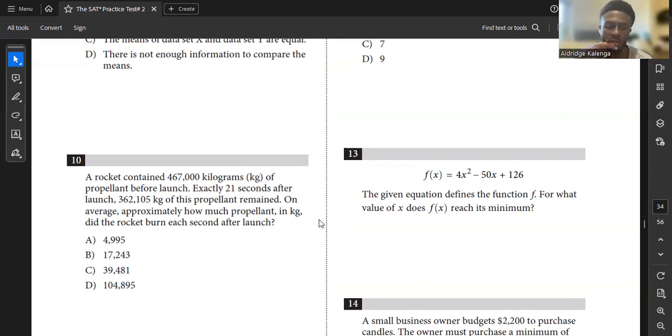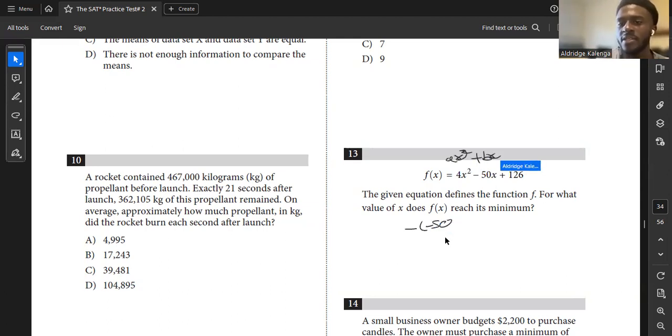So you're going to do actually the f of the y value, right? In this case, what I did was negative b over 2a, which is negative negative 50, because this is going to be ax squared plus bx plus c. Sorry, my tablet keeps on checking. So negative b is 50.